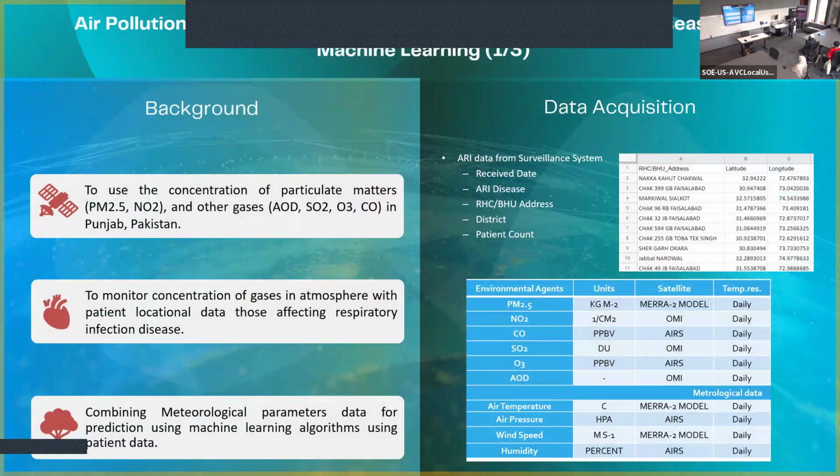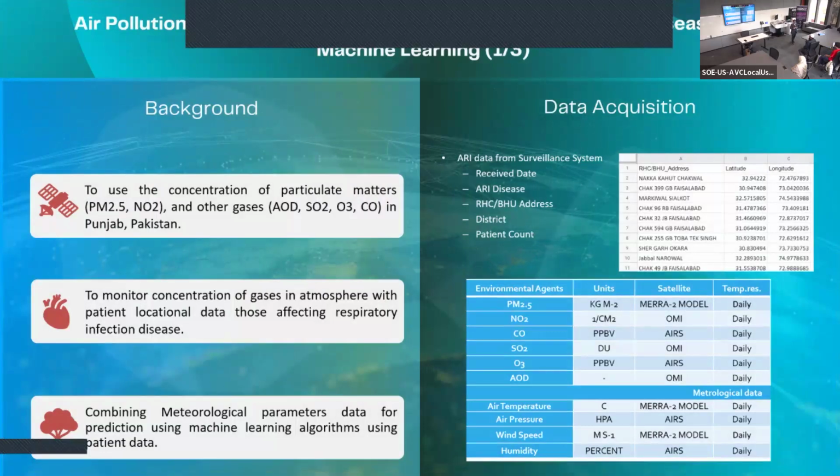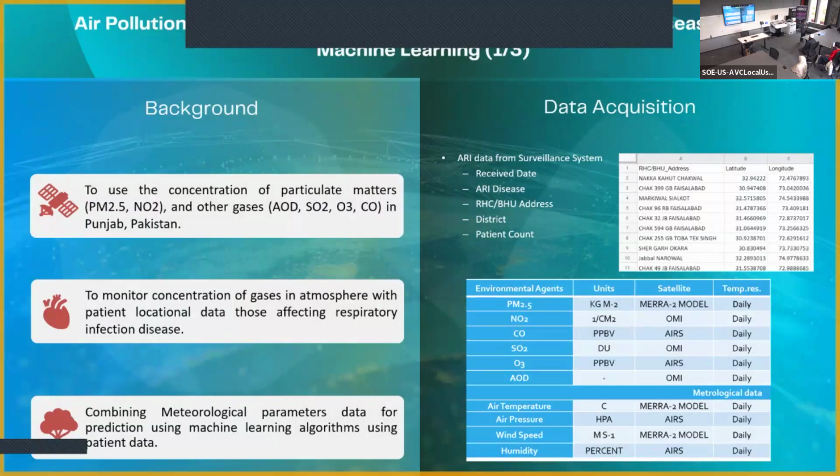And another study, we were facing high pollution in our different polluted big cities like Lahore and Karachi. They have a lot of huge traffic, and the population is getting respiratory diseases and different types of lung issues.